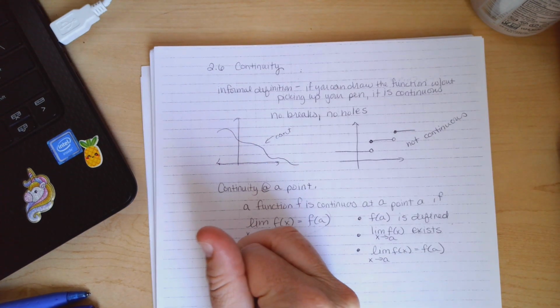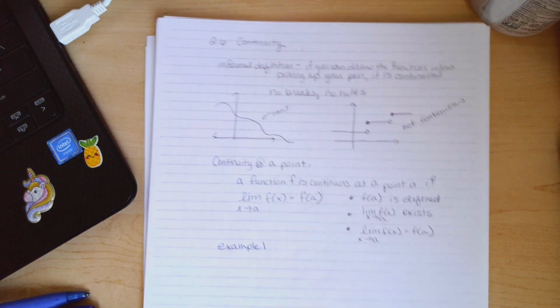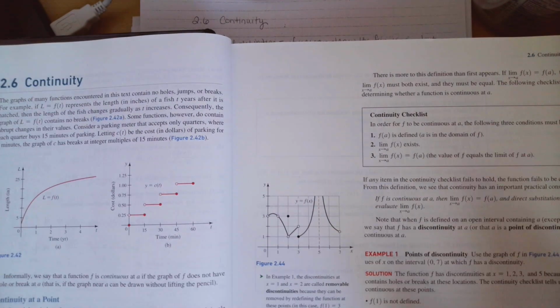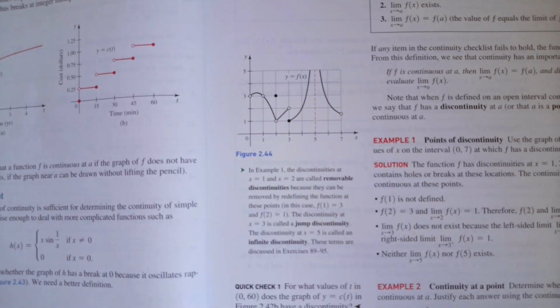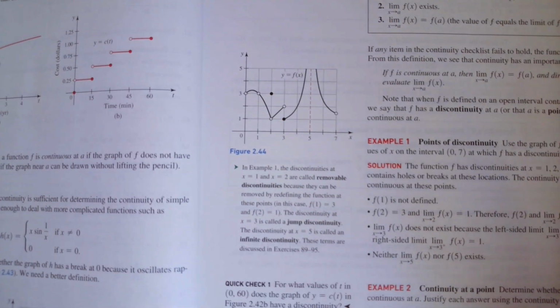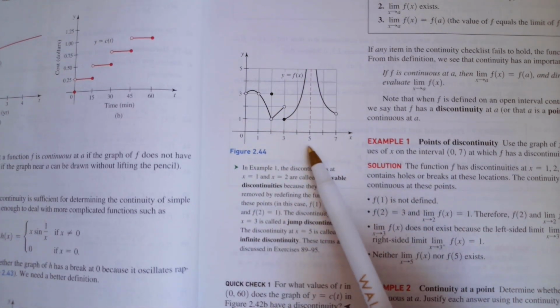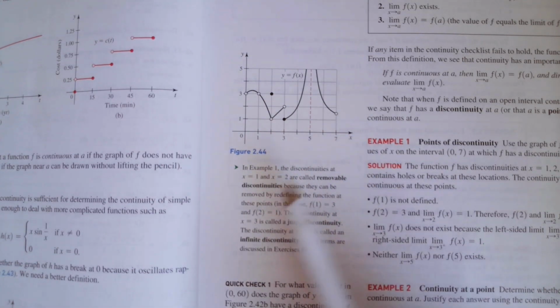So example 1 in your book. I guess I'm going to go ahead and show the book now. Zoom in on this graph they want me to talk about. Okay, and so they're saying, given this figure here, identify values of x on the interval 0 to 7, so where they showed us, right?